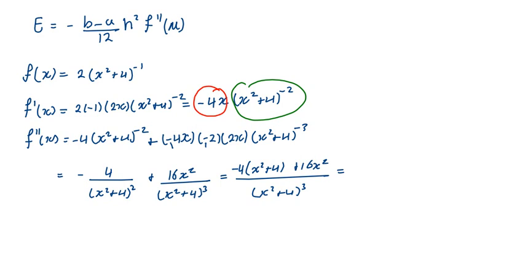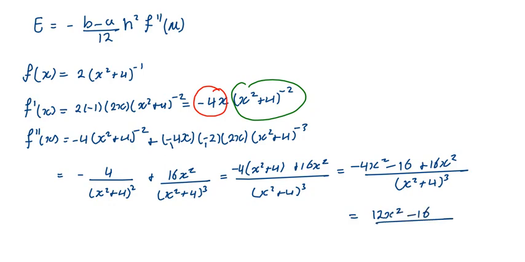What does this now become? You're going to have minus 4x squared minus 16 plus 16x squared, divided by x squared plus 4 to the power 3. So minus 4x squared plus 16x squared, we end up with 12x squared minus 16 divided by x squared plus 4, all raised to the power 3.